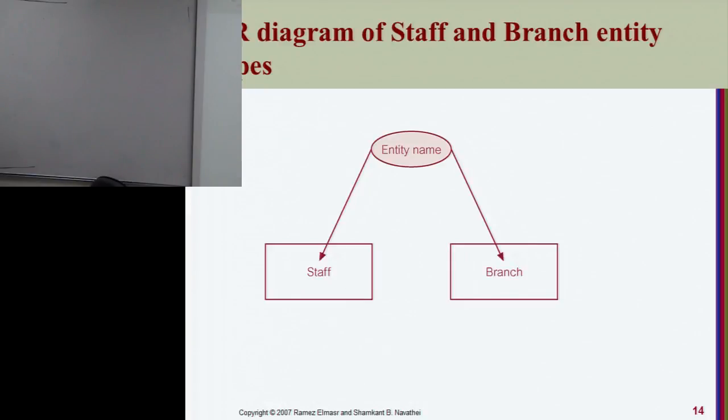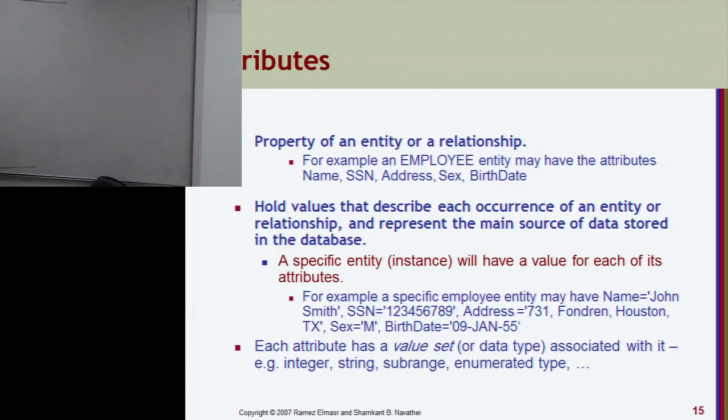Then we move to how to represent the entity type in an ERD. We said we use a box like this, a rectangle with a name. Every entity type has a name. The name is usually singular: staff, branch, and so on.